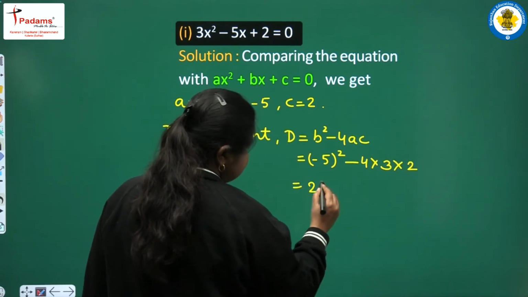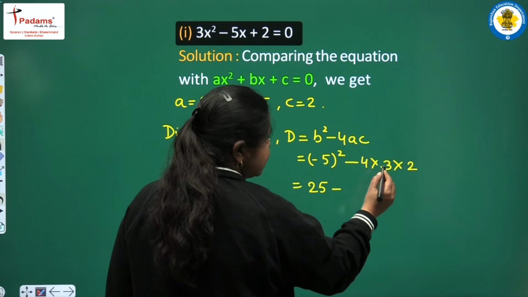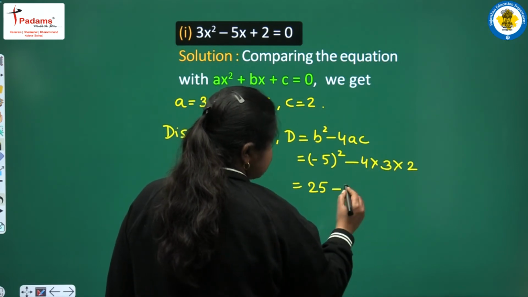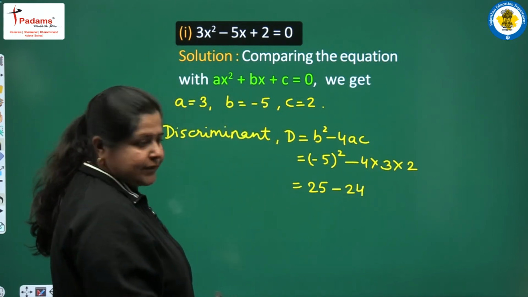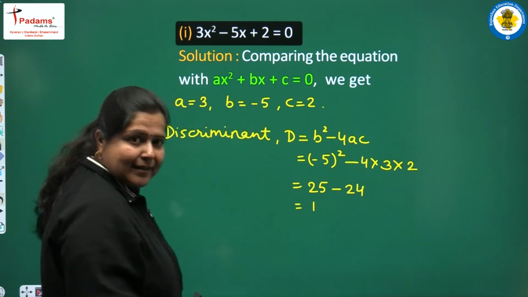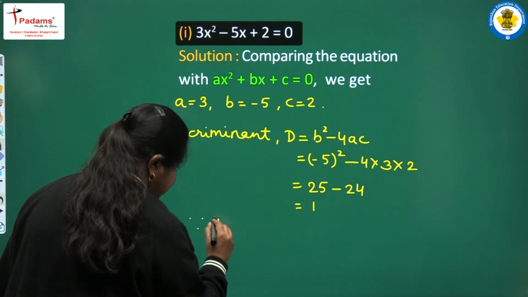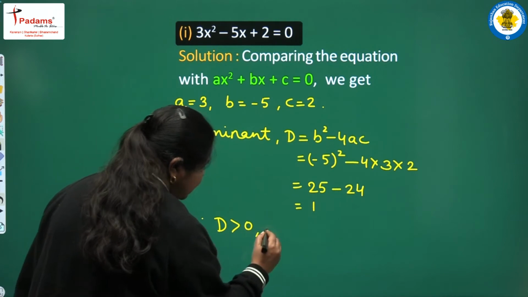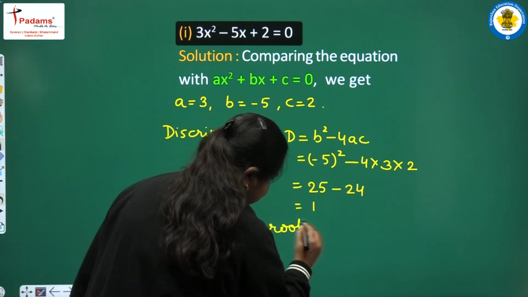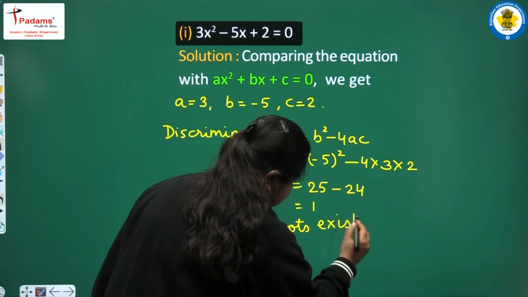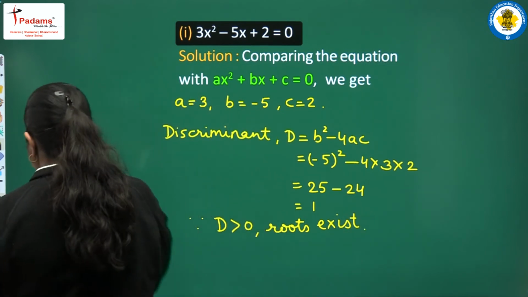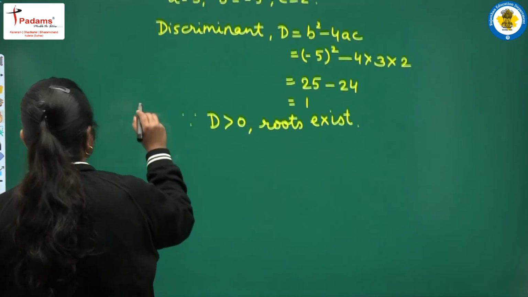Now this is 25 minus 4 3s are 12, 2s are 24. This is equal to 1. So it is positive. Since D is greater than 0, roots exist.